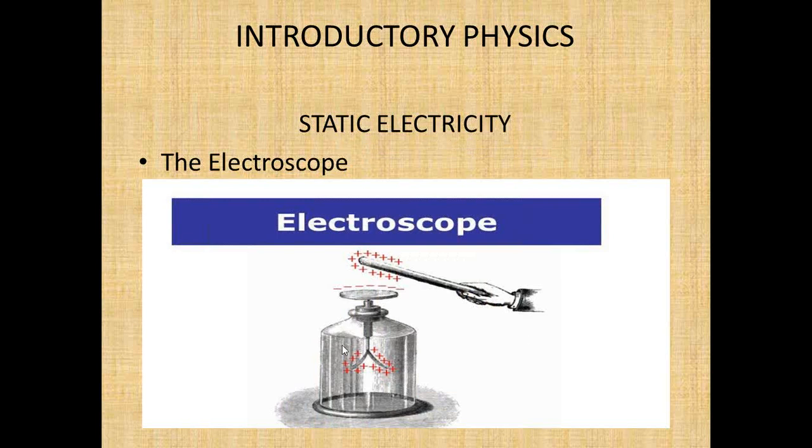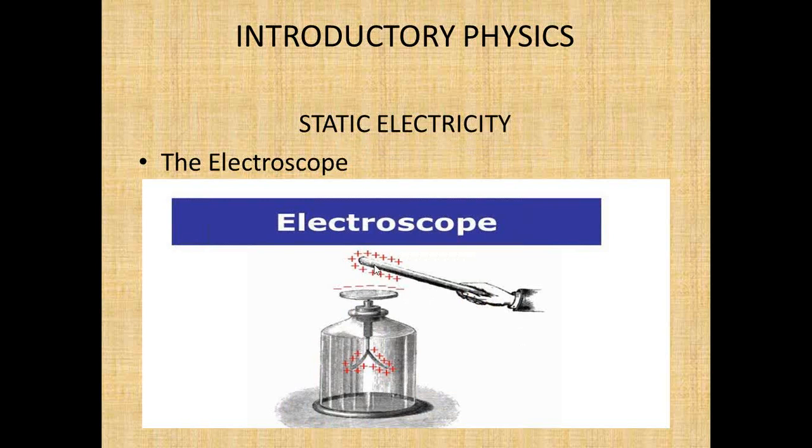Remember what we said, that these are the leaves. The leaves are usually parallel and touching each other. If you bring a positively charged object in close proximity to this electroscope, this metal plate on top, because this is positive, is going to attract the electrons, and the electrons are going to crowd on the surface.